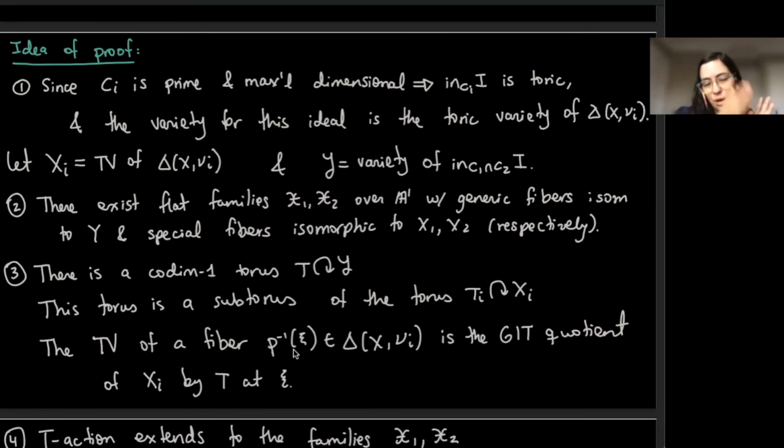Remember, I want to show that the fibers have the same length. If I look at a fiber in one of these Newton-Okounkov bodies and take the toric variety of that fiber, well, it's just an interval, but this is the GIT quotient of the toric variety of this polytope by T at that point.